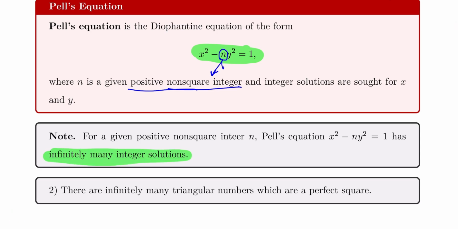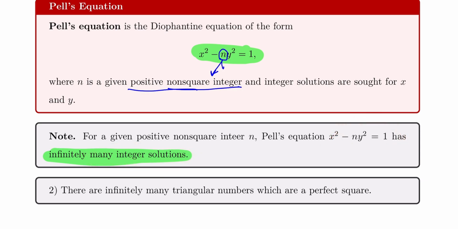And there are infinitely many integer solutions. So if you have the equation in this form, x squared minus n y squared equals 1, and n is a non-square integer, this equation will have infinitely many solutions.